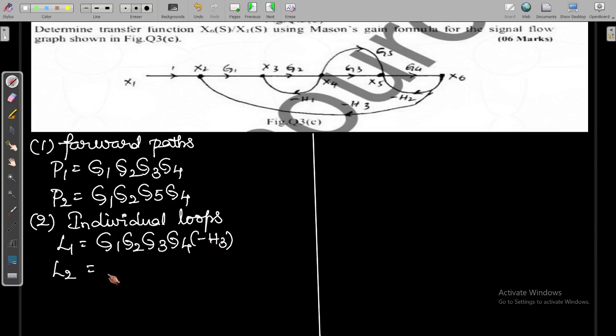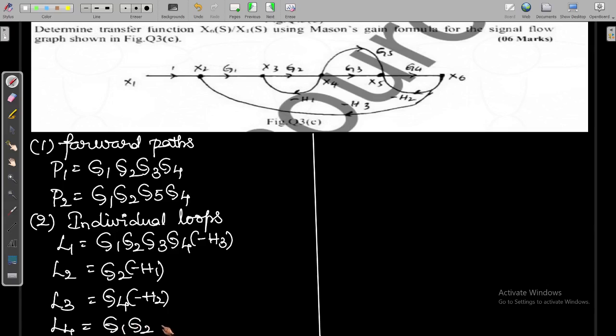After that L2 will be G2 into minus H1. Next another loop, L3 is equal to G4 into minus H2. L4 will be equal to G1, G2, G5, G4, minus H3. So these are the 4 individual loops in the given problem.